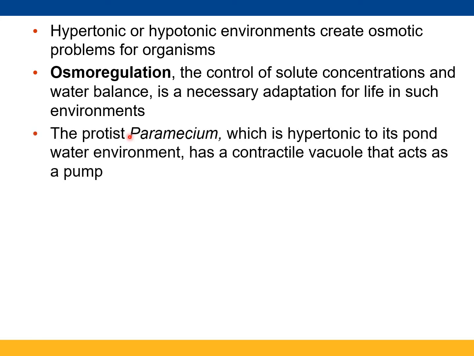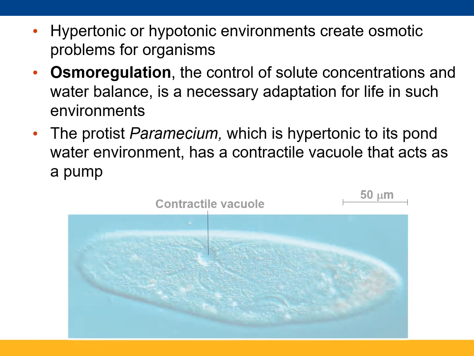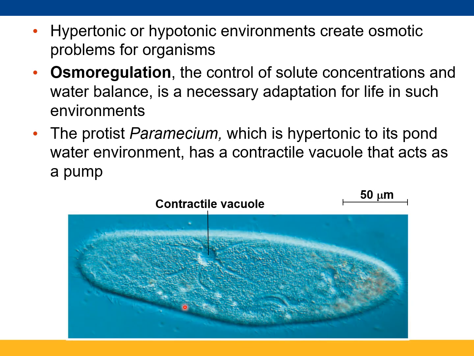We've got an example here. There's a paramecium, usually lives in pond water, which is generally hypotonic. And so this is an animal cell, doesn't have a cell wall, and so water will want to gravitate in. Why? Because inside there you have cytoplasm full of proteins, full of ions. Well, the paramecium has developed this special contractile vacuole.